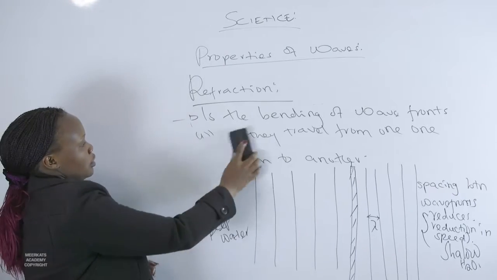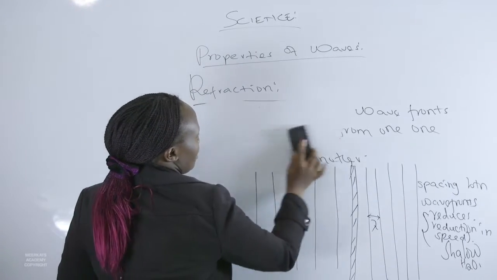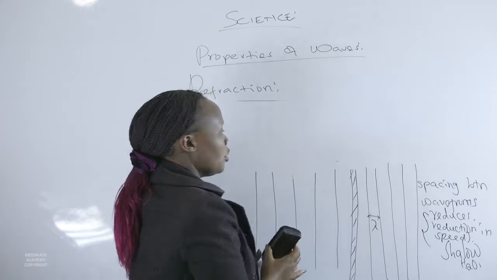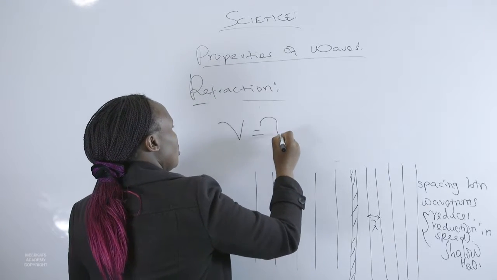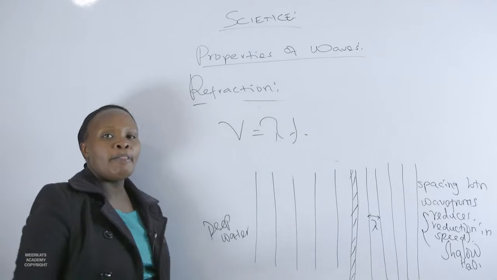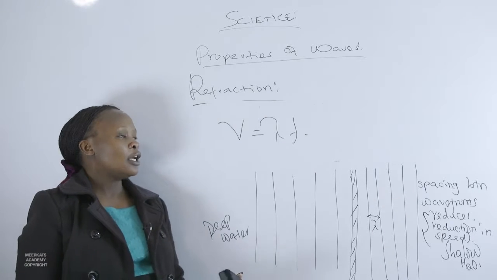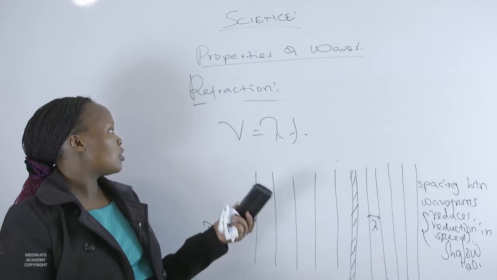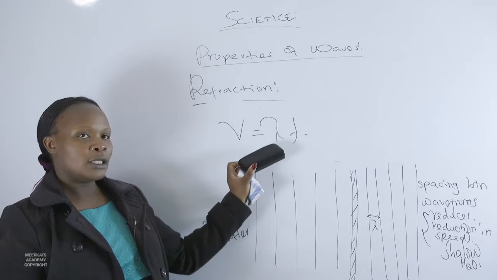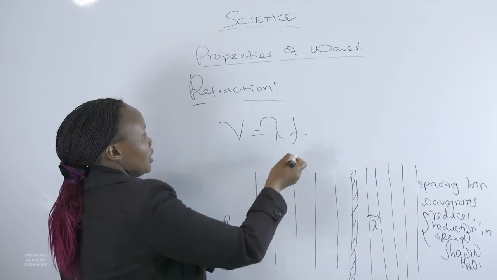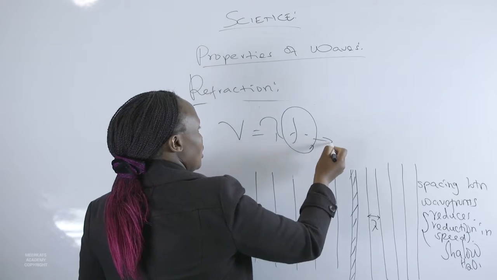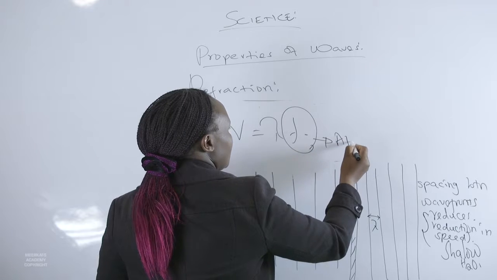Now, when we were tackling the other lesson, we looked at the relationship between the speed, the wavelength, and the frequency. And we said that frequency is always constant.